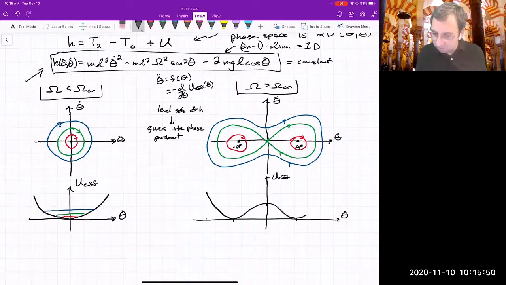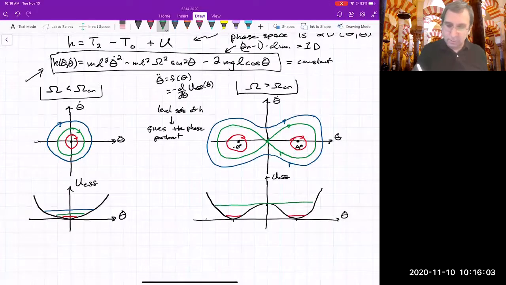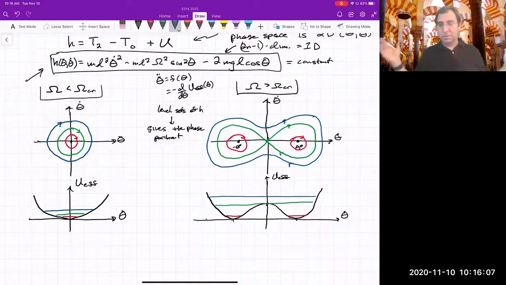W-shaped. Red curves. The green curve goes from one side to the other. And the blue curve has high enough energy that it's above both. Okay.